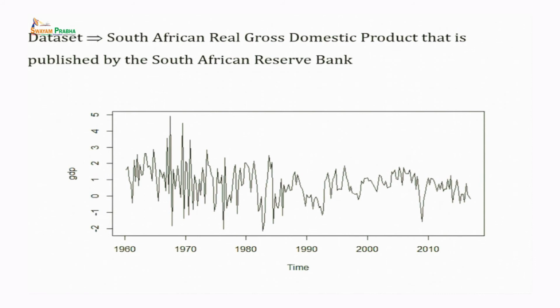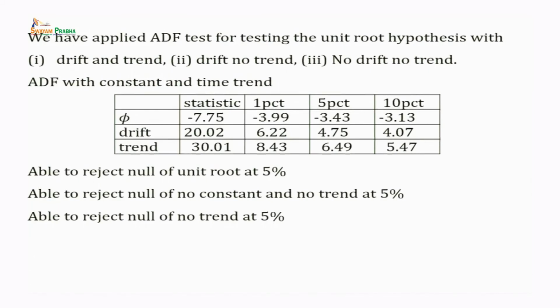In fact, we have taken data up to very recent, up to year 2020. First, we have applied the ADF test for testing the unit root hypothesis with drift and trend, with drift but no trend, and no drift, no trend.